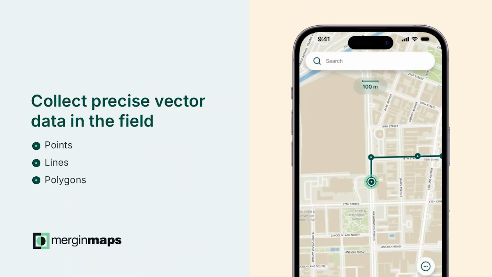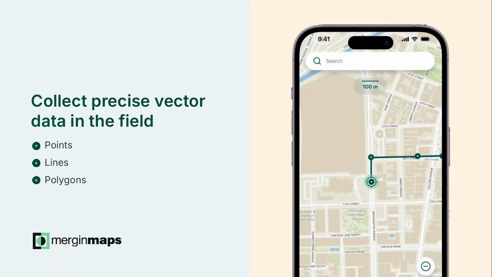And you can define your QGIS expressions in order to automatically calculate field values. You can draw points, lines, polygons, and much more from inside the app, and you can share all this information back to QGIS with that one tap.